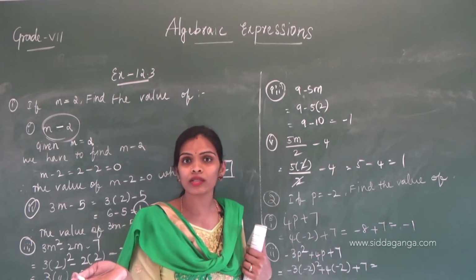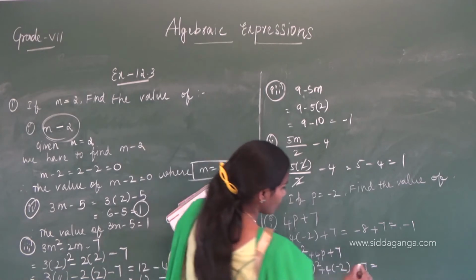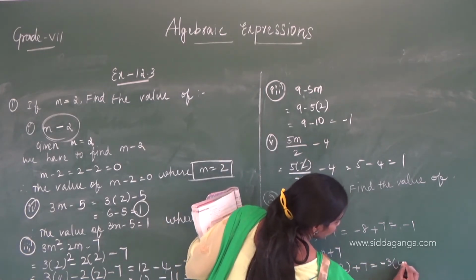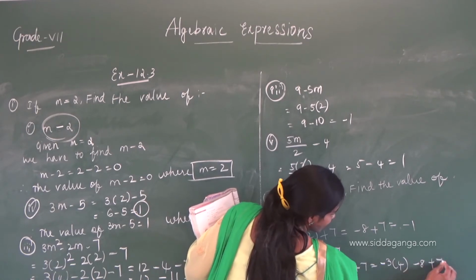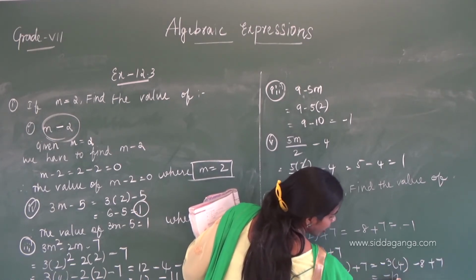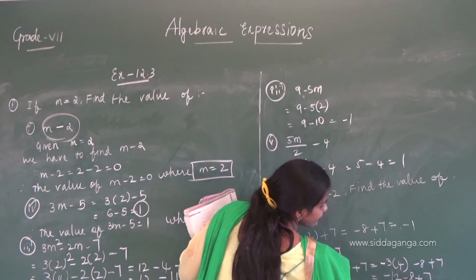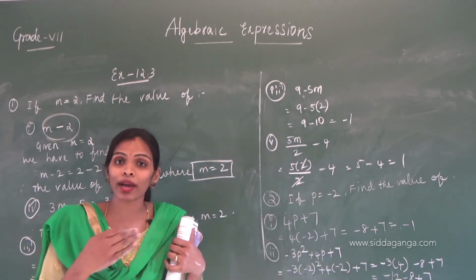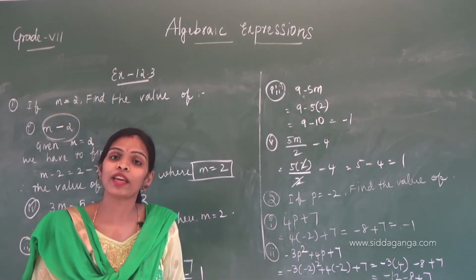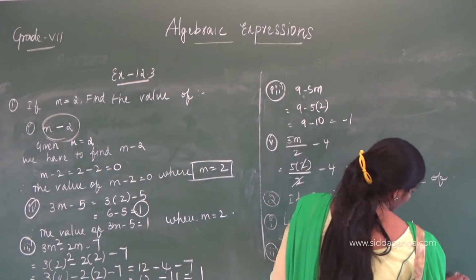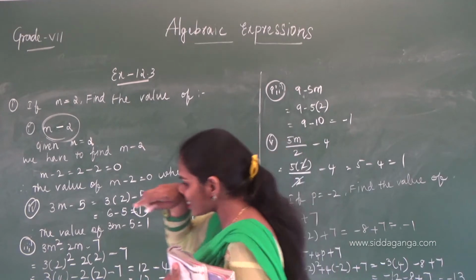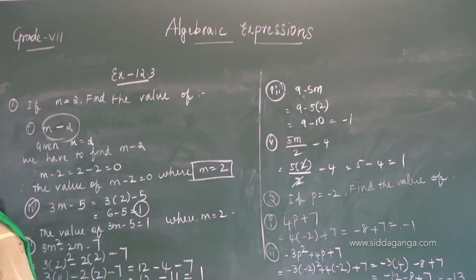Minus 2 into minus 2 is 4. Minus 3 into 4 is minus 12. Minus 12 minus 8 plus 7. 12 plus 8 is 20, so minus 20 plus 7 equals minus 13.